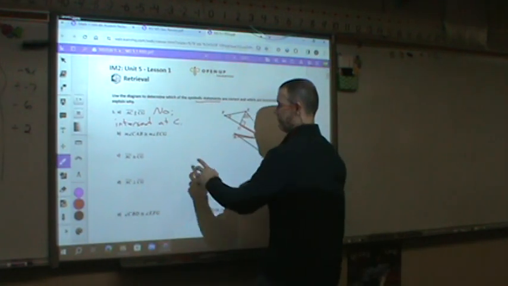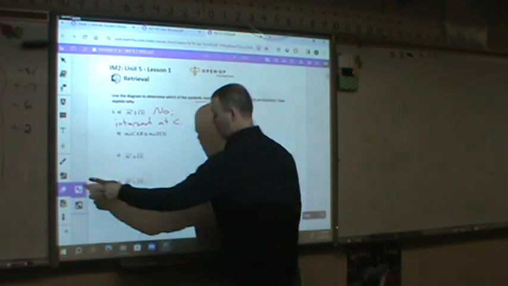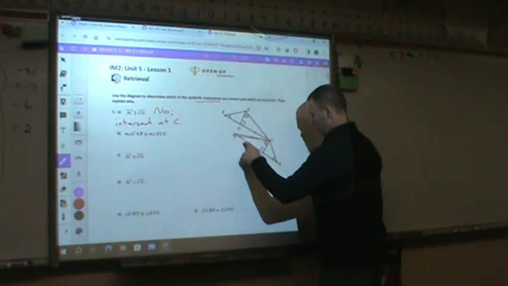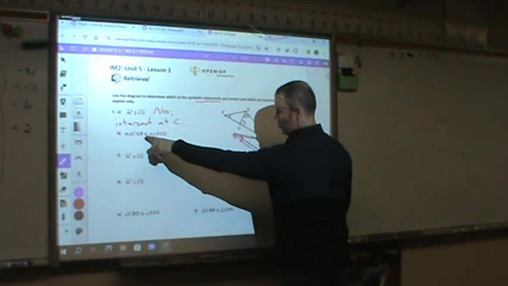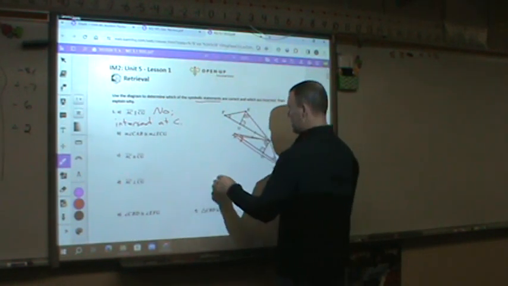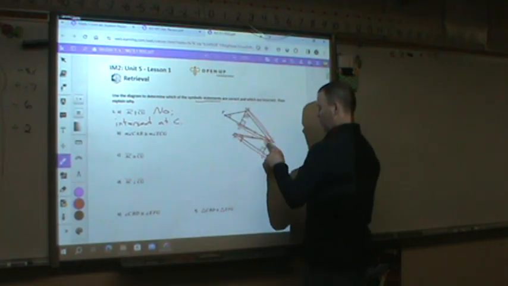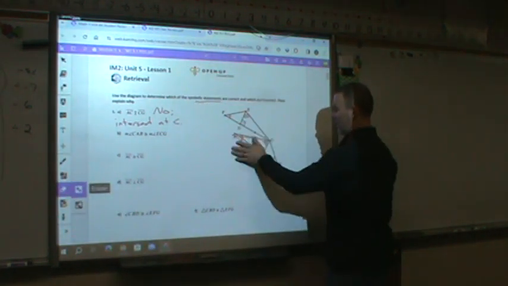And then if you move on, it says the measure of angle CAB. So start at C, go to A, go to B. CAB, is that congruent? Is it the same measure as ECG? So E, C, and G, are these the same? Well, I just drew that to identify where the angles are.